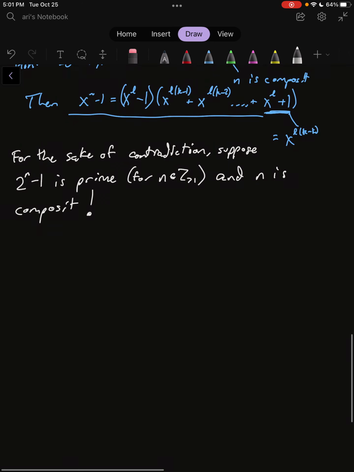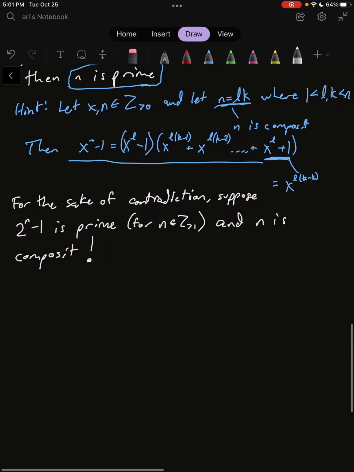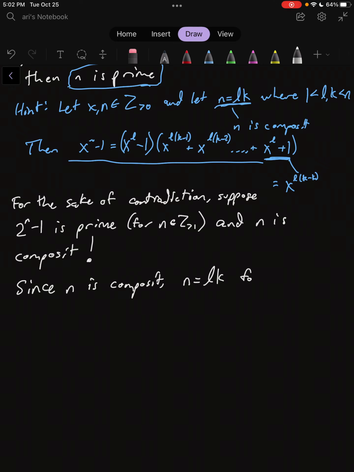So if we have this composite n, we see in our hint that we could do this x to the n minus 1 equals this whole thing. So since n is composite, n equals lk. I'm just going to use the same variables to make it easier.